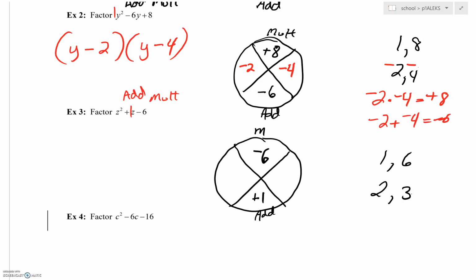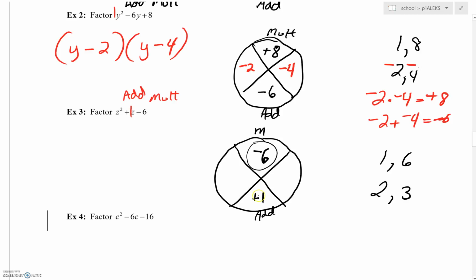But this is where it gets tricky. Because usually kids will say, yeah, I remember this. This seems to be where I'm in some trouble. You're going to say, hey, if I'm adding things together, I know one of these for sure. One of the numbers I'm looking for has to be a negative. Because if I'm multiplying to a negative, I have to have one of them be a negative.